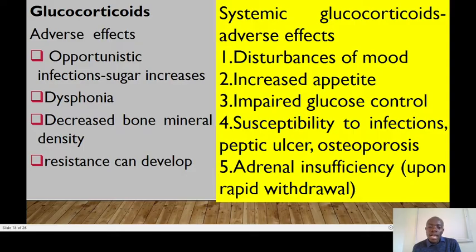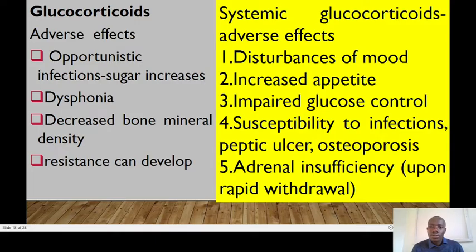Okay, so we could have the glucocorticoid side effects, like opportunistic infection because the immunity decreases, right? That means the inhaler has to be cleaned once you are done with the session. This is contrary to the reliever, where we just clean it once or twice a week.